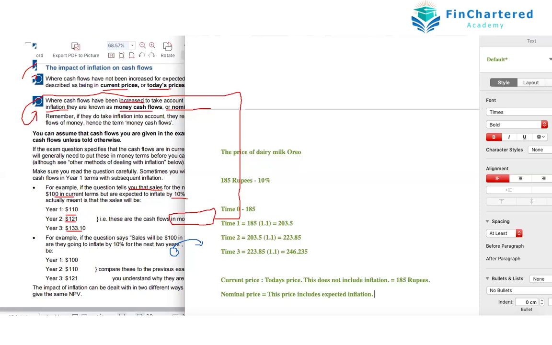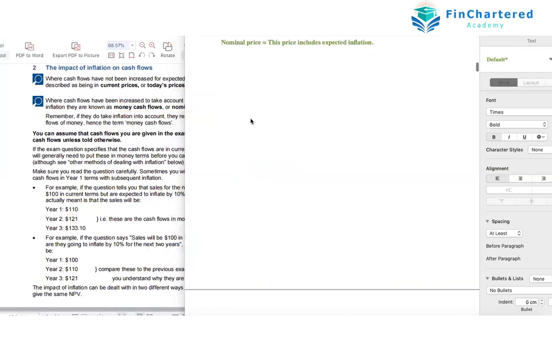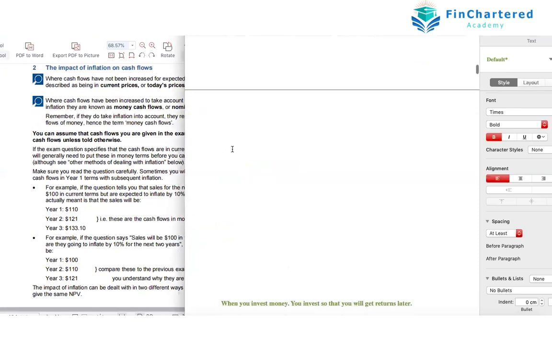Some other example. Sure. Some other example can be, today, in order to buy something, say you want to buy a seat.